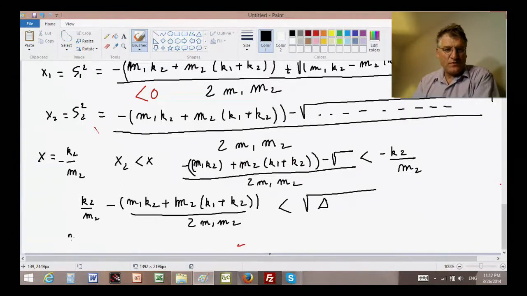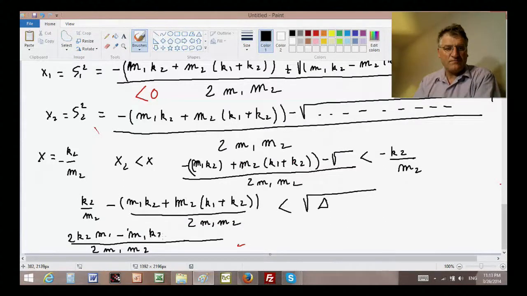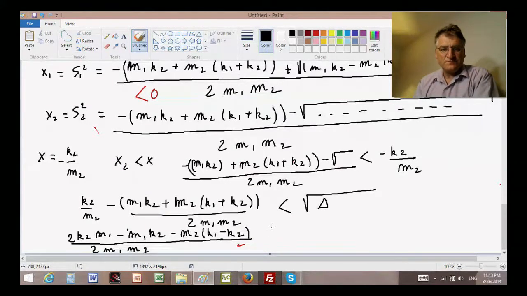Or 2 K2 M1 divided by 2 M1 M2 minus M1 K2 minus M2 times K1 plus K2 must be less than square root of delta.